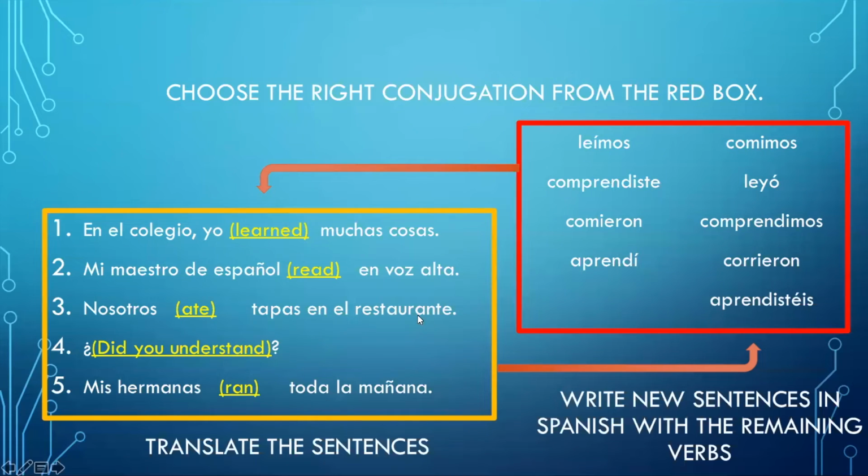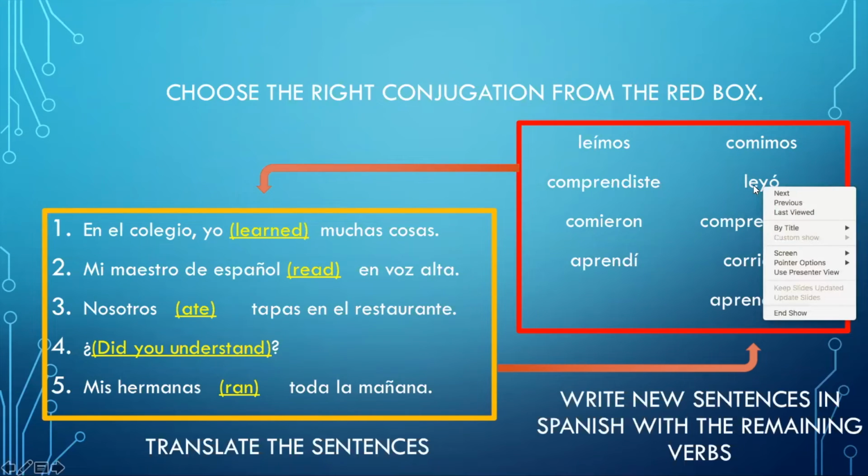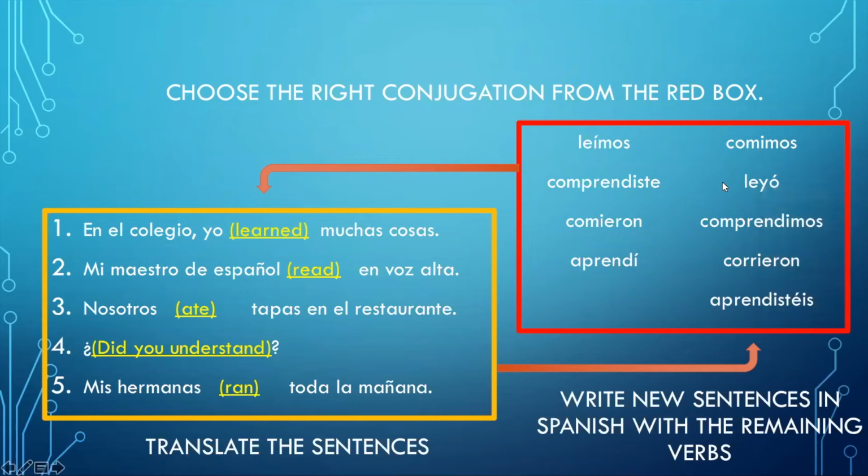Time is up. How did that go? I want to highlight something here. I want you to have a look at leímos, leyó. As you can see, I'm using a Y here instead of the usual I. That only happens because I have this E and that O in the word.